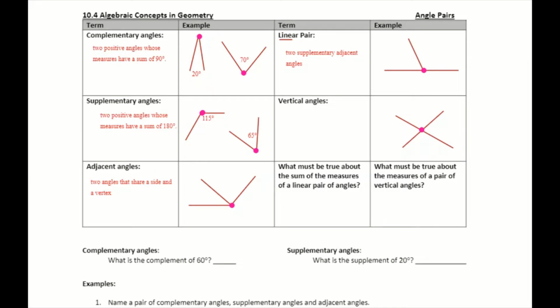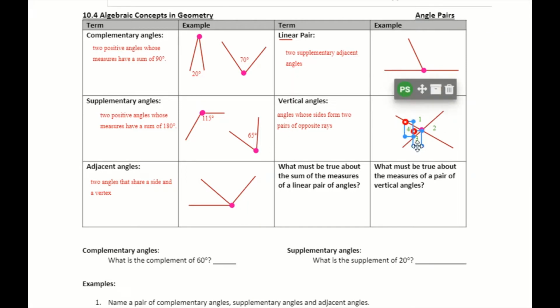So let's define what a pair of vertical angles are. They're angles whose sides form two pairs of opposite rays. Okay, so basically what I'm saying is that let's name these angle measures to make it a little easier to describe. Here's angle 1, here's angle 2, here's angle 3, and here's angle 4 over here.